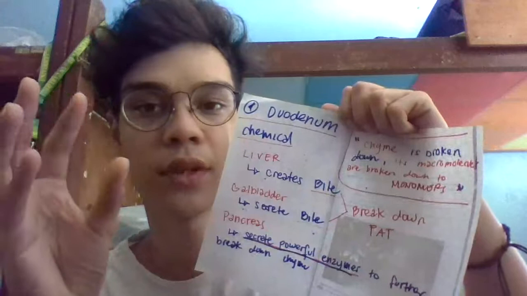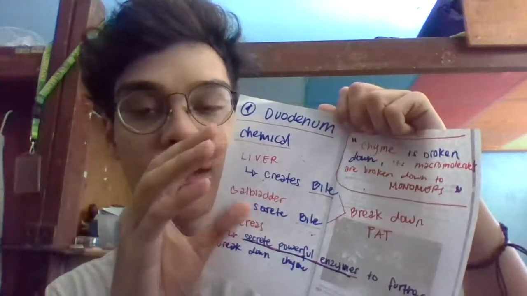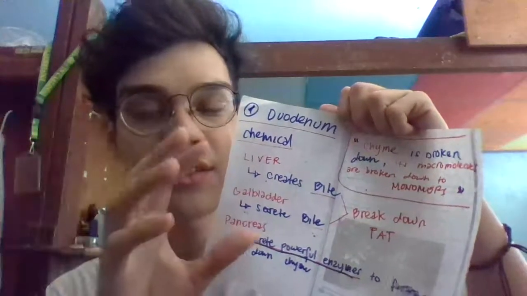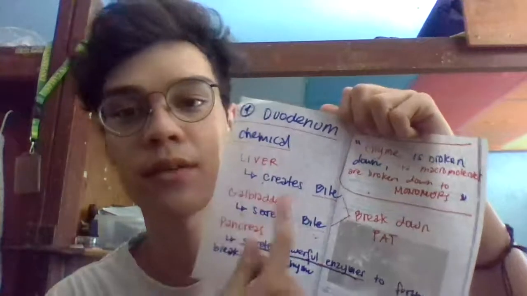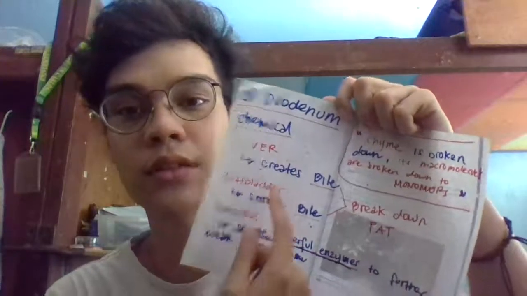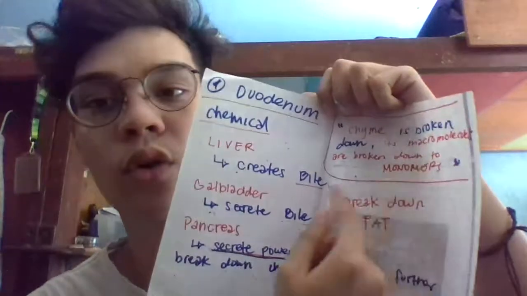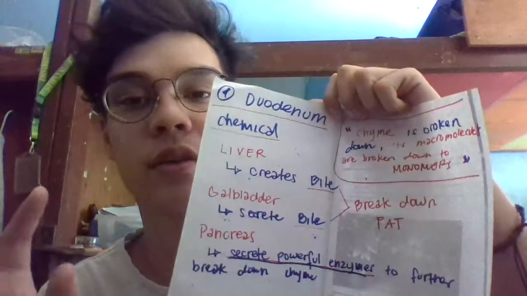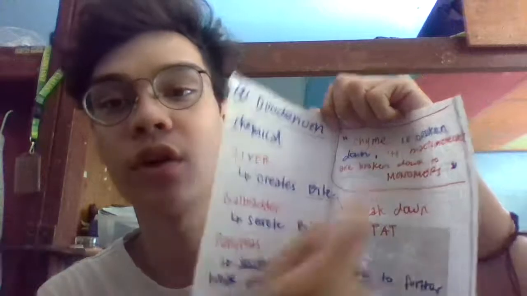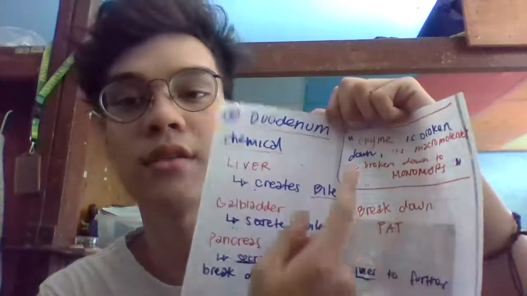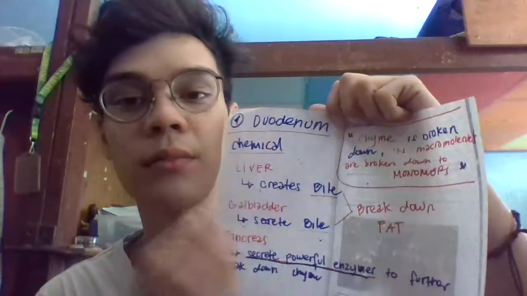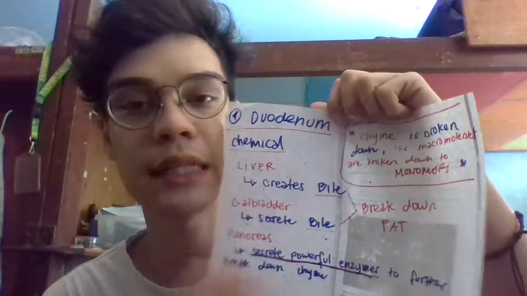It's between the small intestine and the stomach. So inside the duodenum, chyme is broken down into macromolecules, into its smaller components, which are called monomers. When it's monomers, it can be absorbed by the intestines.